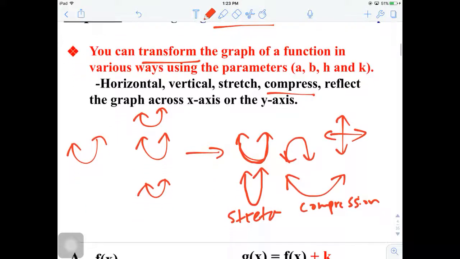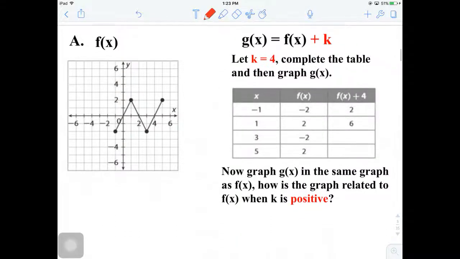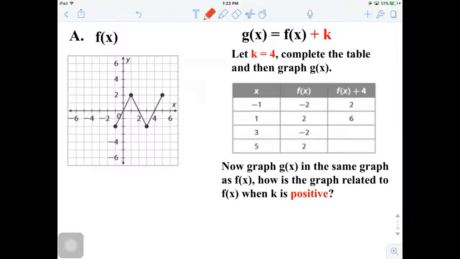So let's take a look at the first type of transformation. That's going to be done by adding a number to the back of the equation. So we're adding a k, a number, to the back of a function. We are calling the new function g of x, which is obtained from the original, f of x. We have f of x here in this graph, and it forms the letter n.